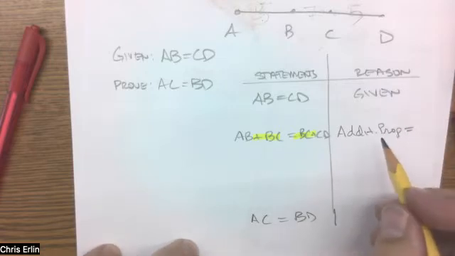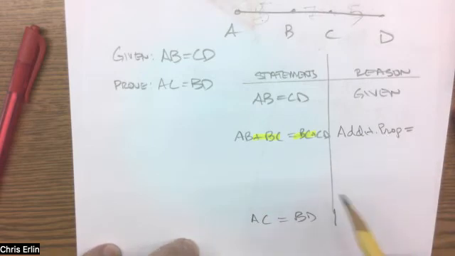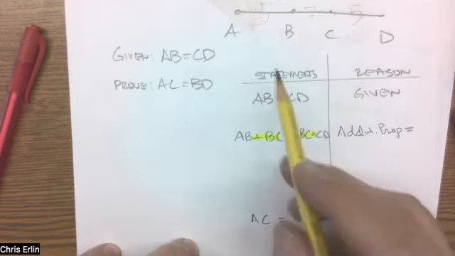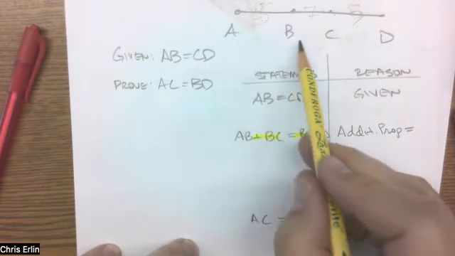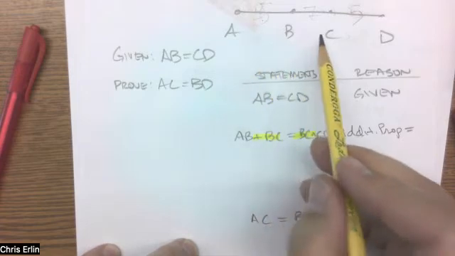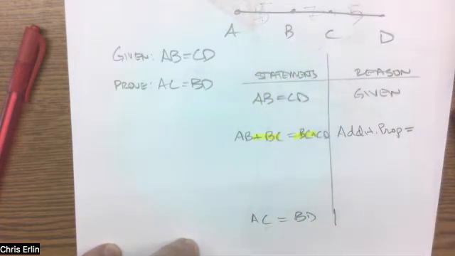Okay. Now, I'm really trying to get to this. This is my goal. Right now, I've got AB plus BC, and I'm trying to get to AC. Does that ring any bells for you? Parker?